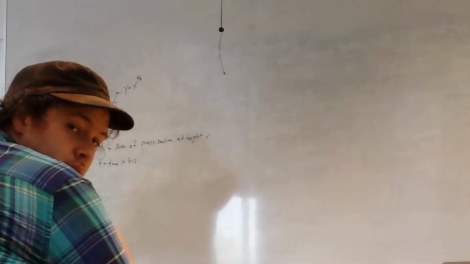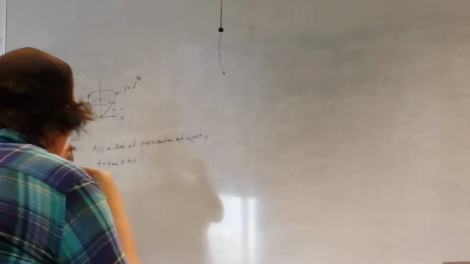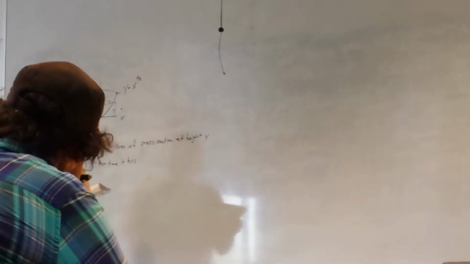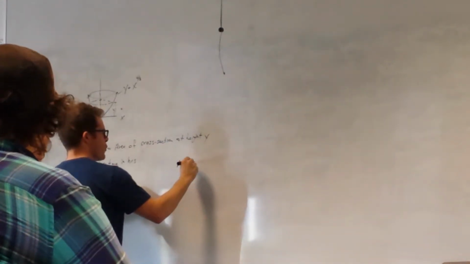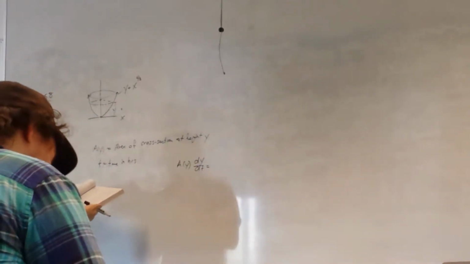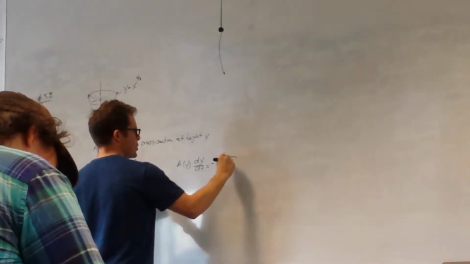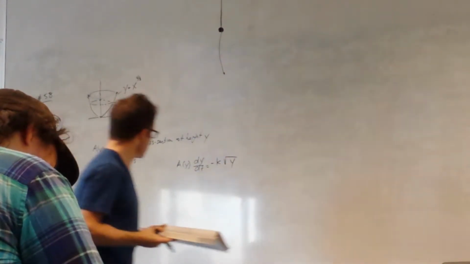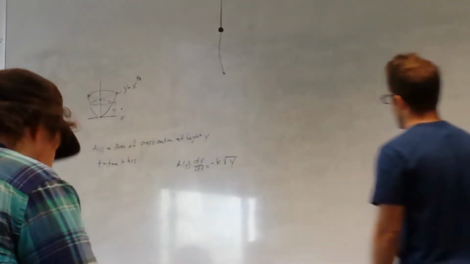So it requires the cross-sectional area. That's why they do that integral in general. But the form that we could use: A of y times dy/dt equals negative k times square root y, where y represents the height at time t, and k is a constant which we will have to find.